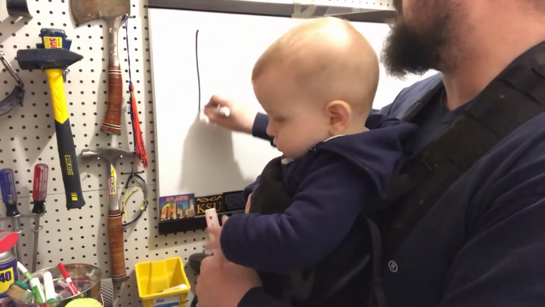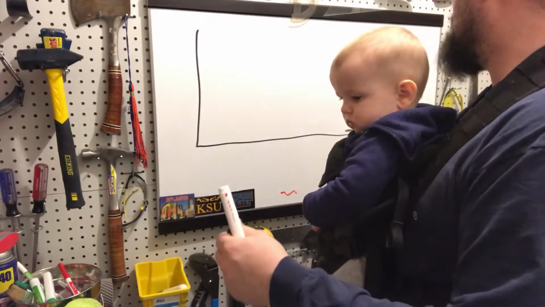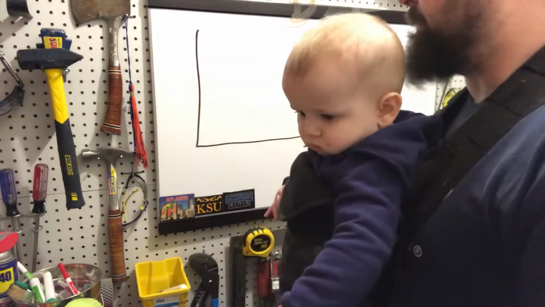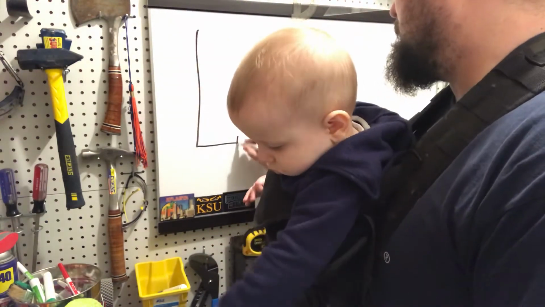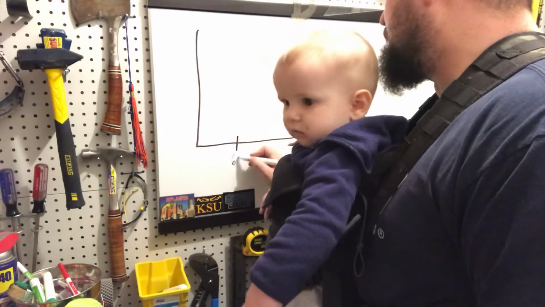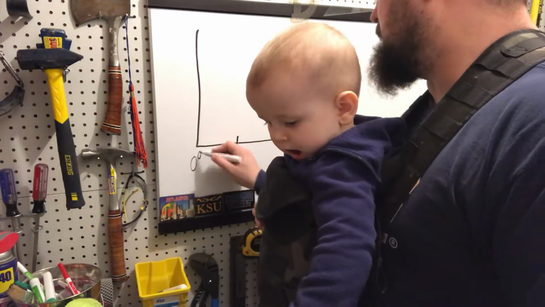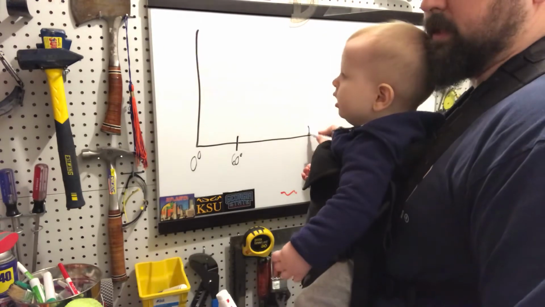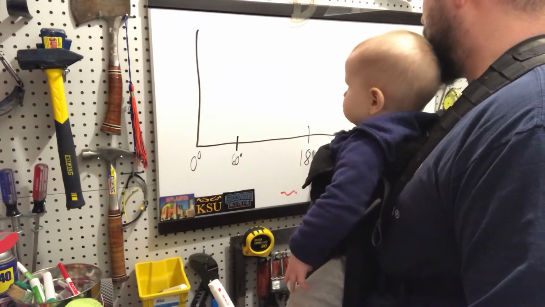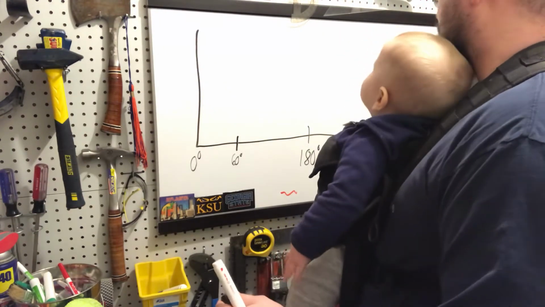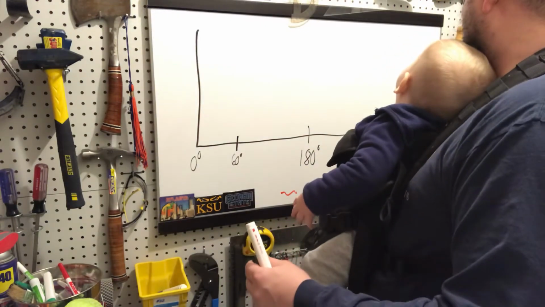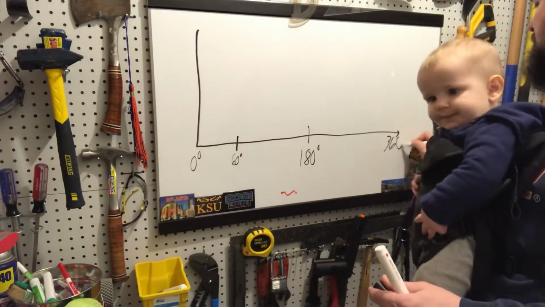So you have a chart here. I'm going to draw this here and put a couple points on it. Let's make this one 60 degrees, this one 0 degrees, and this one 180 degrees. I'm not going to bother with this part because it doesn't really matter, but you'll eventually go to 360 degrees.